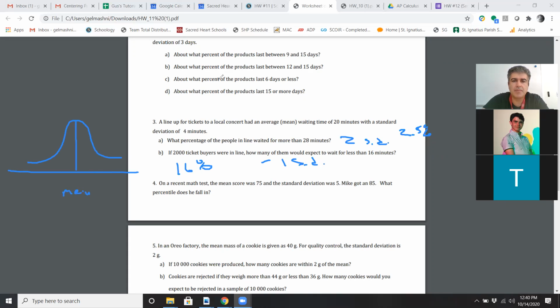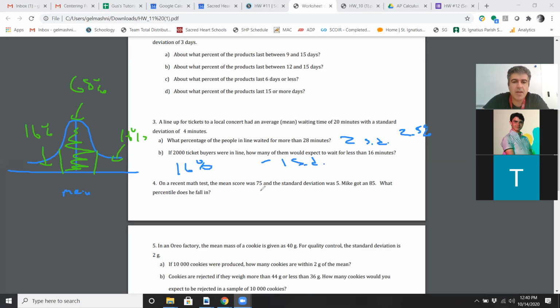That's the mean, that's minus 1 standard deviation, plus 1 standard deviation. That's 68% right there. So you're going to have 16% here and 16% here, because you have 68 in the middle. So it's just very simple math. And you're waiting for less than 16 minutes, which is 1 standard deviation less than the mean.